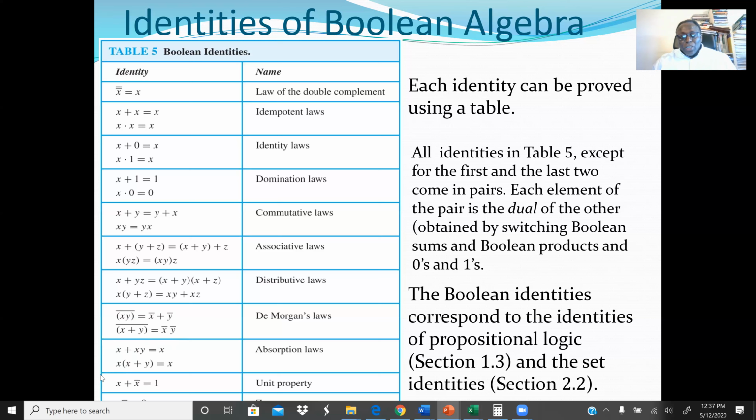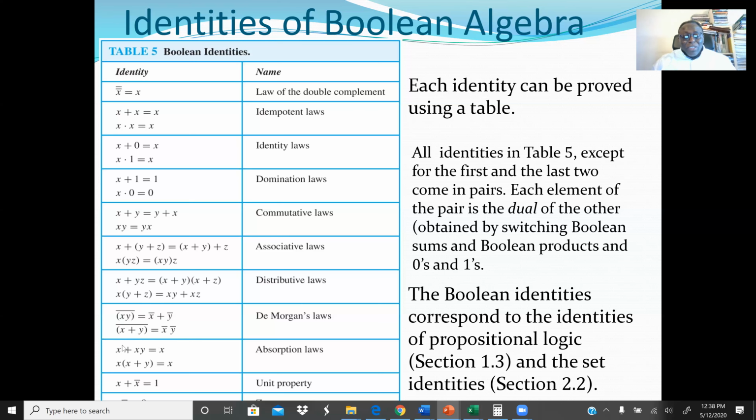And also this is called the absorption law, very important, we use it a lot. If I have X plus XY, Y value doesn't matter, but X always will determine, because the only possible Y value we can get either is 0 or 1.